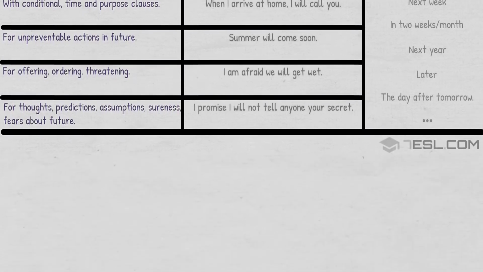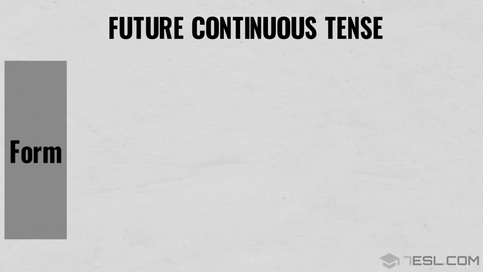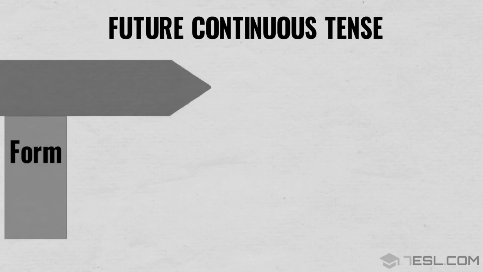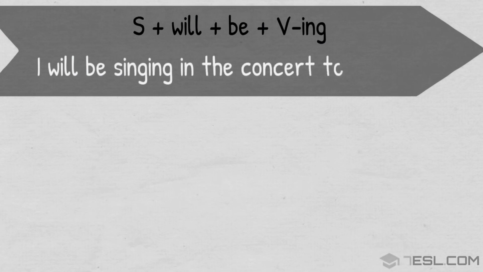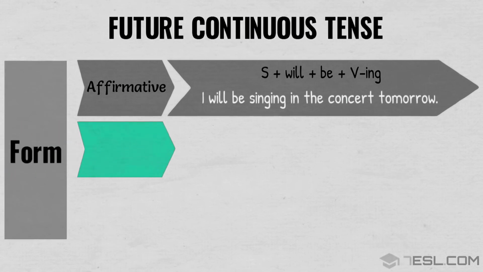Future continuous tense. Form. Affirmative. Subject plus will plus be plus verb ing. I will be singing in the concert tomorrow. Negative.